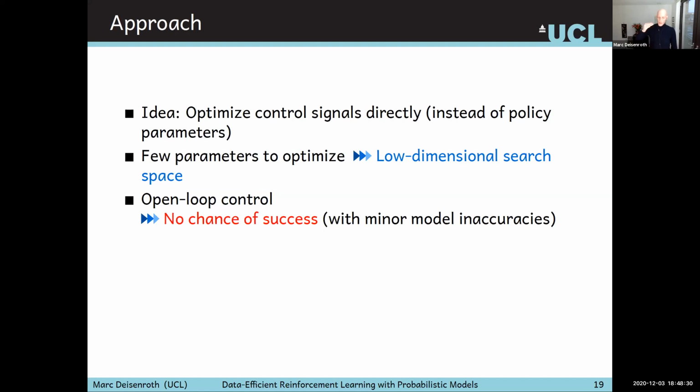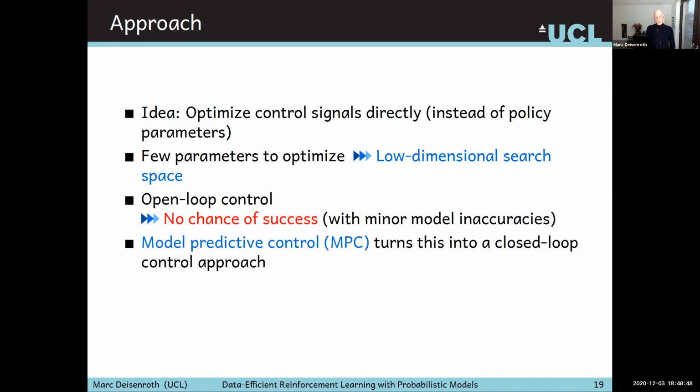That means we will never be able to adjust for predictions that were slightly wrong. And with very high probability, there's no chance of success if we already have minor model inaccuracies, because you have these compounding or accumulating errors.